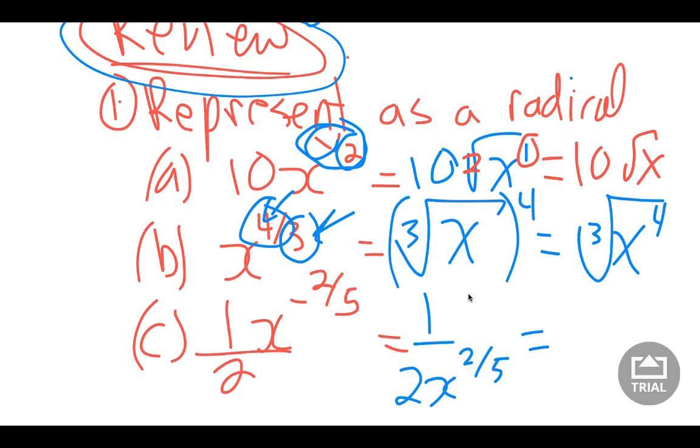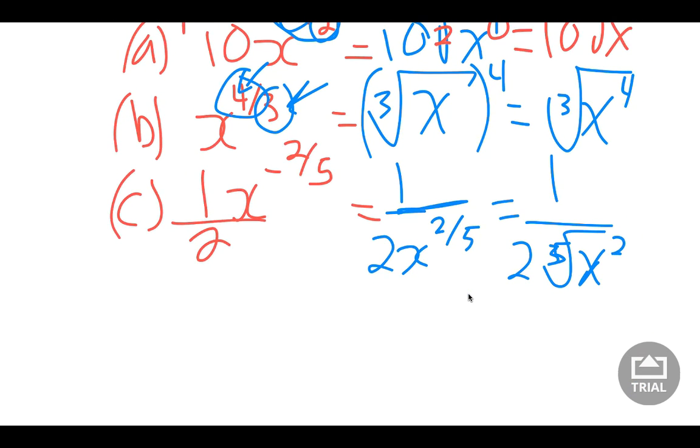And then the 2 over 5 is an indication of being a fifth root and raised to the exponent of 2. So I can do that as 1 over 2, and it would become the fifth root of x squared. And that's going from a rational exponent to what's called a radical.